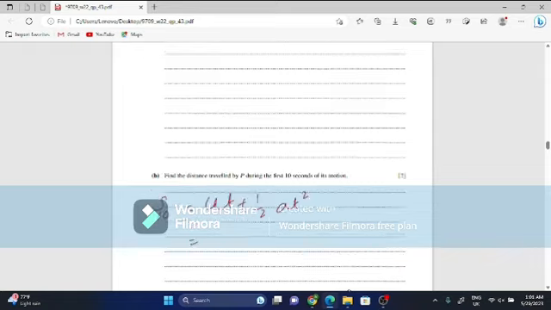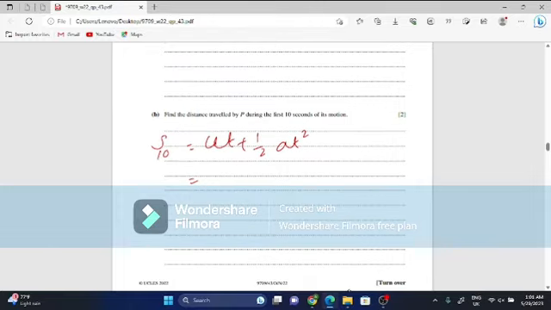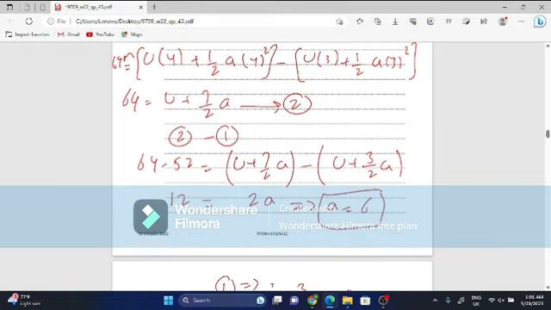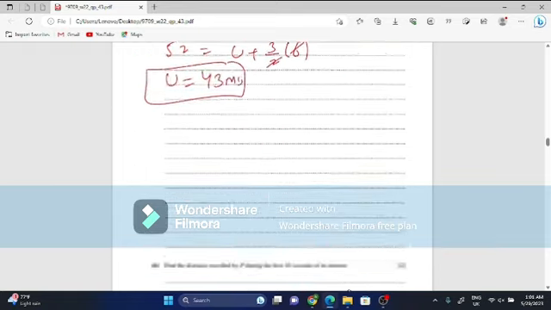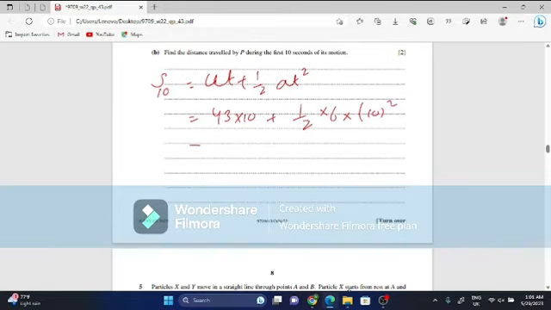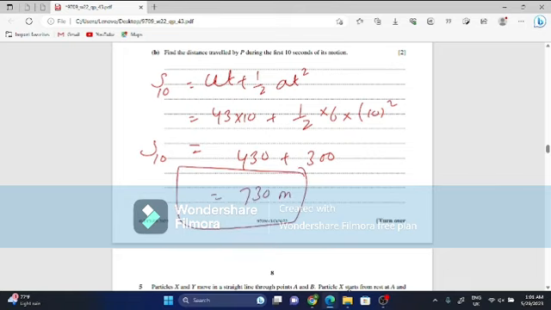So u is known by the first part, that was 43, so plug its value. 43 times 10 plus half of 6 times 10 square, because a is calculated in the upper part, that was 6. So doing the simplification, 430 plus 300, that gives you 730 meters. That is the answer for that.